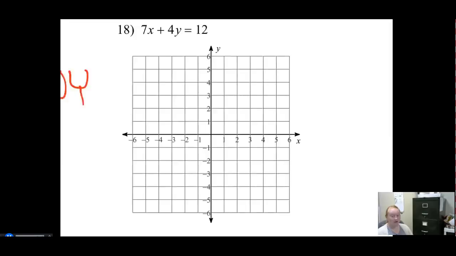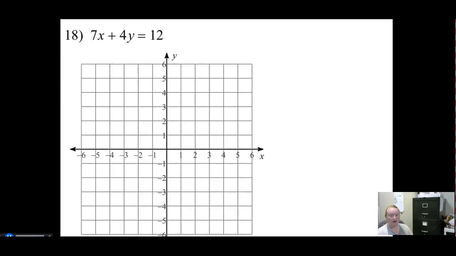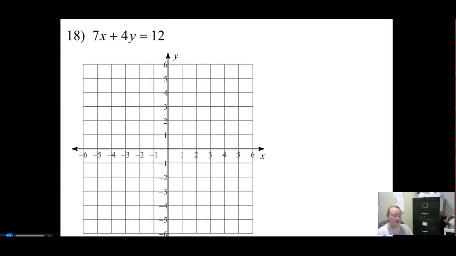But they get harder. And I start to get problems that have x's and y's on different sides. Here, I need to get this in y equals mx plus b form, which means that I have to solve for y.